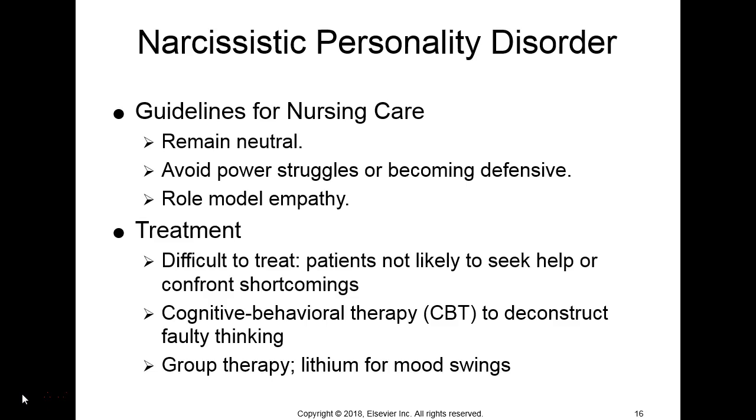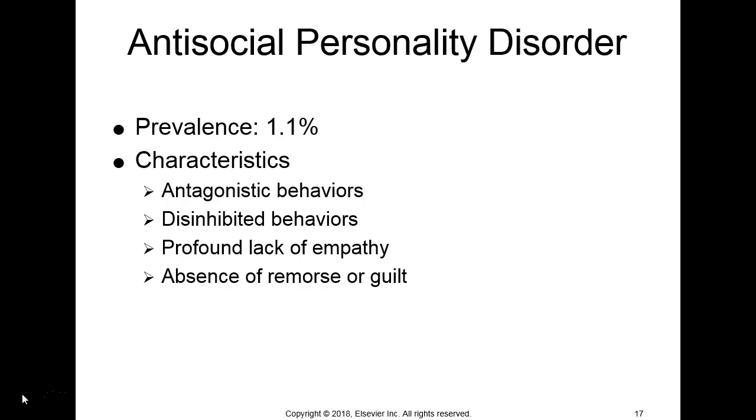Group therapy, again, they may be able to get some benefit from that. Possibly use of lithium, if they are having a lot of mood swings along with that. So there are definitely ways that we need to work with people that have this disorder.